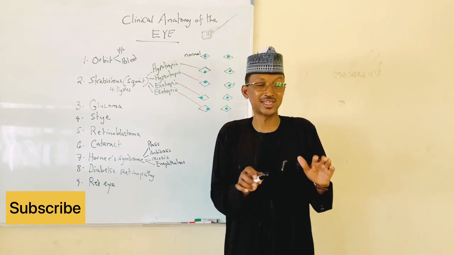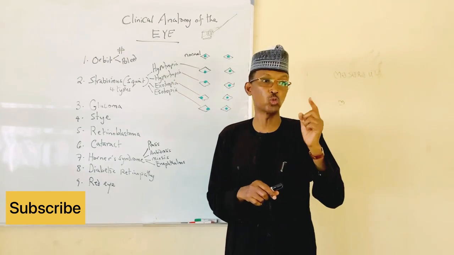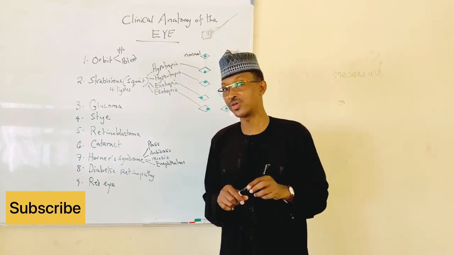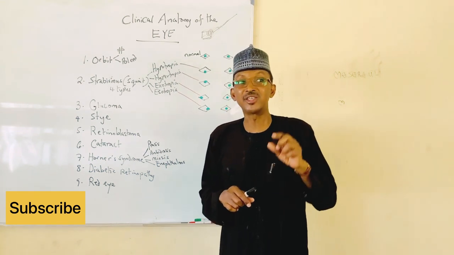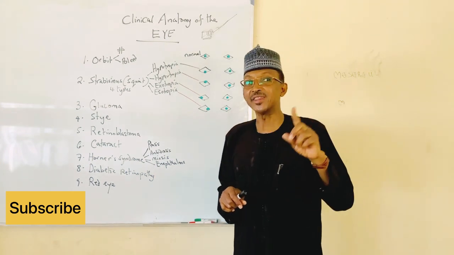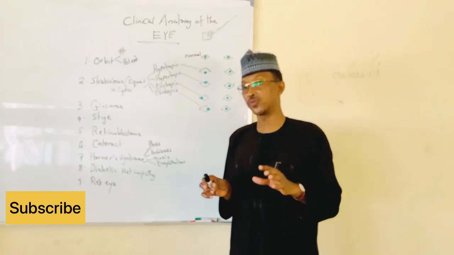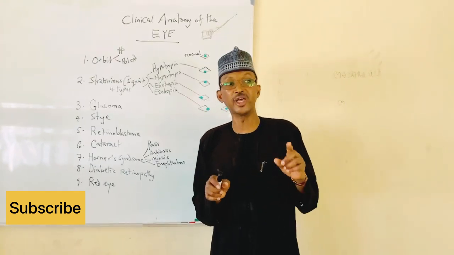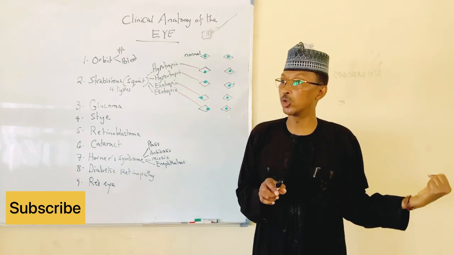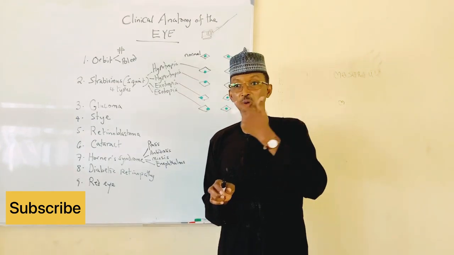While you are having lectures like this, you just stop seeing completely. It may affect one eye or both eyes. By the time you notice that you can no longer see well with that eye, the damage has already been done. That is why it is very important for every one of you, whether you have a history of glaucoma in your family or not, to go to the clinic so they can check your eyes.